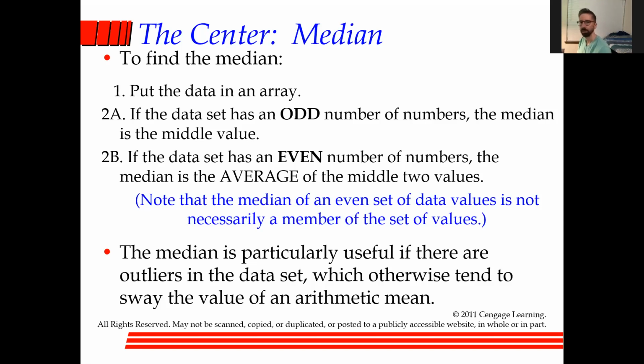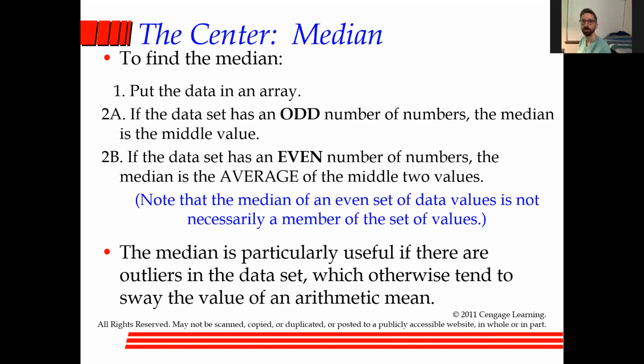Well, the simple formula, you might be familiar with this, is you take the number of values in your data set, add 1, and then divide by 2. And that gives you the position of the middle value. So that's how you find it.